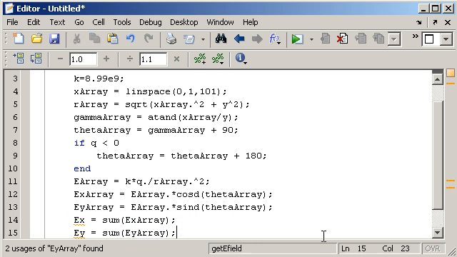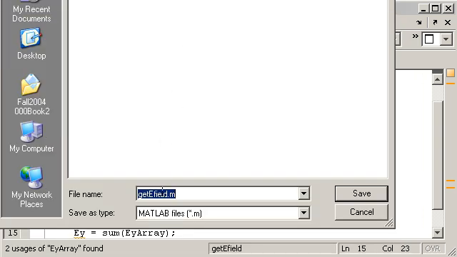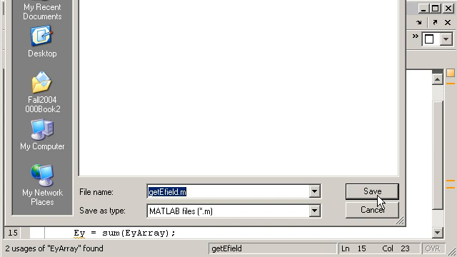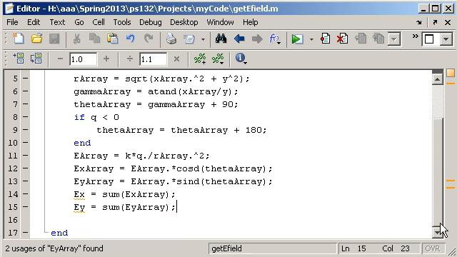And sum of all the elements in the EY array. I think I should hit a save. So save that as getfield.m, and I'm going to go ahead and click on the save button. It looks like I got it. Saved. Should have saved earlier. But I guess nothing crashed, so I lucked out.